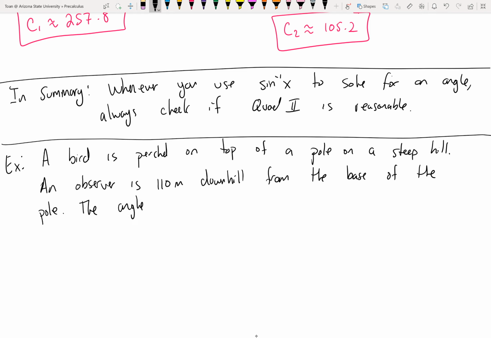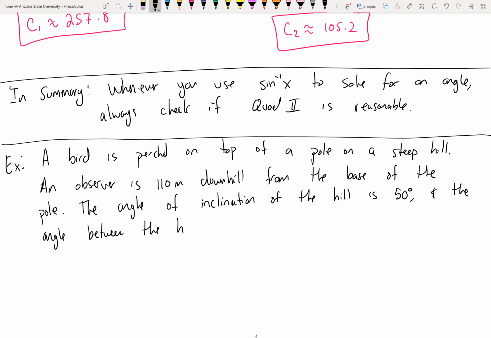The angle of inclination of the hill is 50 degrees, and the angle between the hill and the line of sight of the observer to the bird is 9 degrees.